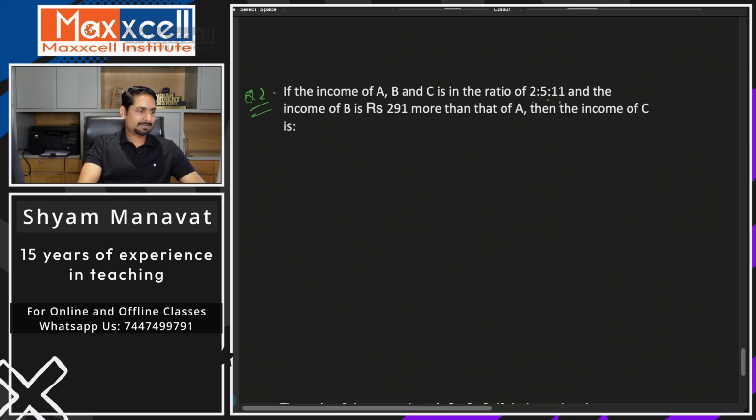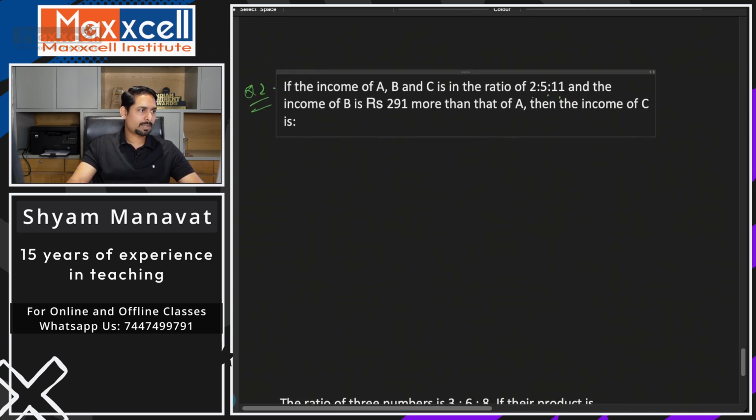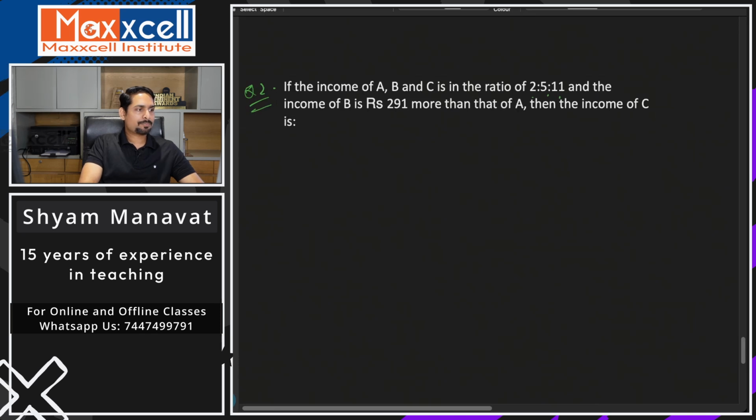In this question, the portion method will not work fast, because the question talks about the difference of B and A. B is more, A is less. The difference of the income of B and A is 291.